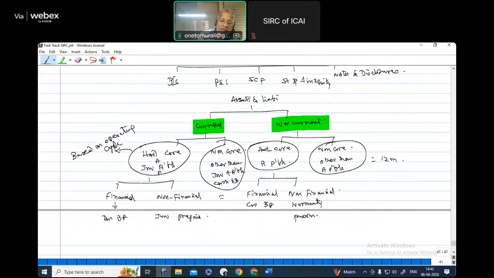So for non-core items, any current assets will come here. Here I would just see non-current. One moment, I just need to make a change in the presentation.